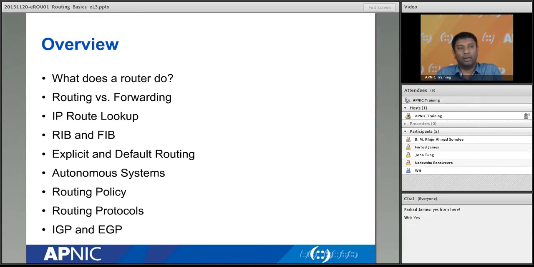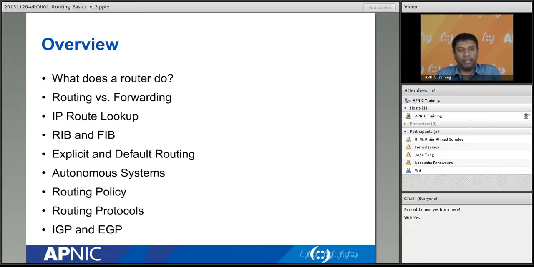Then the very fundamental routing principle: how a router does the routing table lookup, and obviously the longest prefix match, how that function works. Then we'll explain what is RIB, routing information base, and what is FIB, forwarding information base.